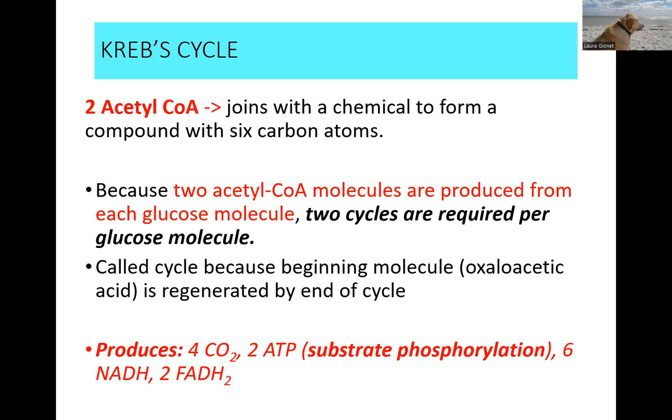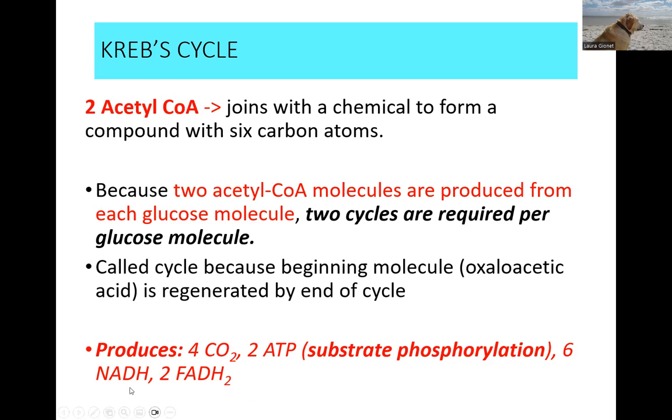And so as a consequence of the 2 acetyl-CoA entering into the Krebs cycle and 2 cranks around, 1 for each acetyl-CoA, we produce 4 carbon dioxides, 2 from each of the acetyl-CoAs, and 2 ATP via substrate phosphorylation, just like we did in glycolysis, 1 ATP per acetyl-CoA.